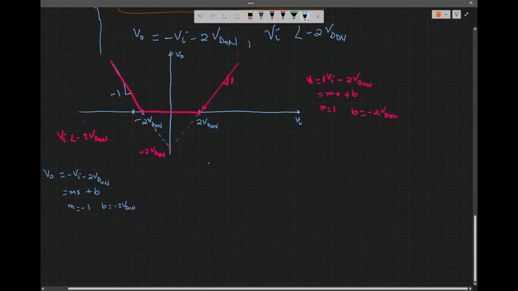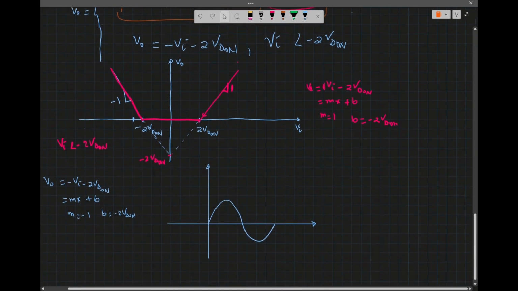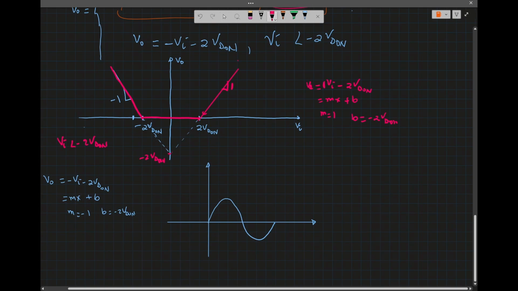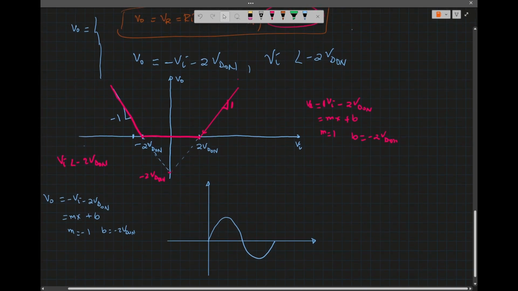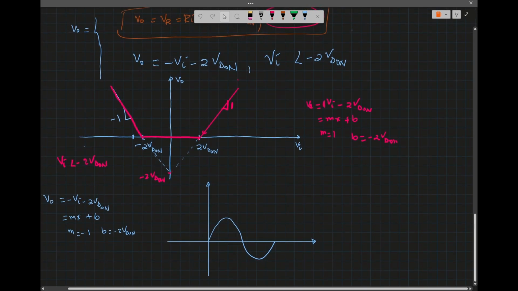Now, if I wanted to draw the input and the output in the same graph, that's what we were asked to do as well. So let's say this is my sine wave. So we have Vi bigger than 2 VD on.